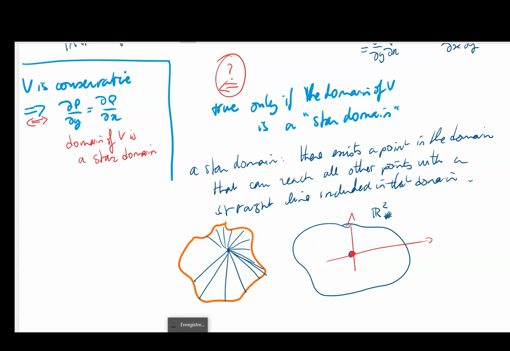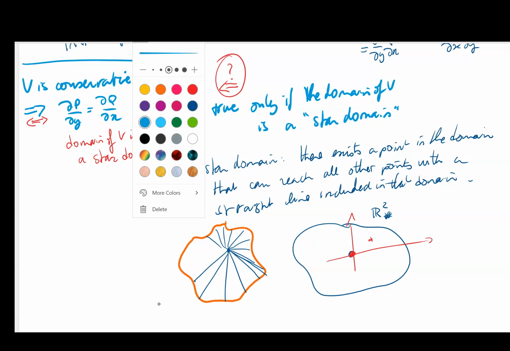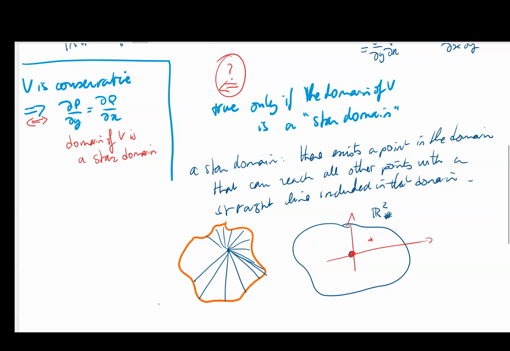That is not a star domain, because you can't find any point that is going to help me reach any other points of the domain. Let's say if I take something around here, I can reach anything here, here, here, but anything that is directly on the other side of 0, I will never be able to reach. Okay, so that wouldn't be a star domain.